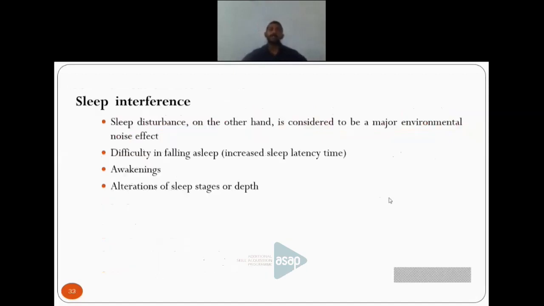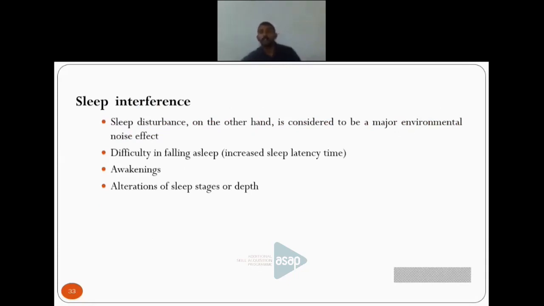Next is sleep interference. This is one of the most important things, as science says that sleeping is the most important thing for better health. If the health is not proper, the body will automatically get disturbed, and we have to face a lot of problems.